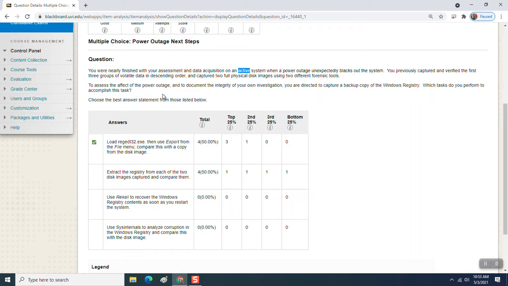So your goal is to document whether or not the running system has been scrambled because of the power outage. That's significant because there could be subsequent stages.